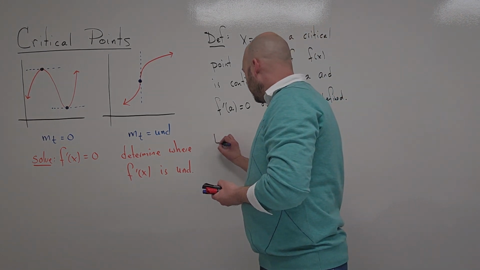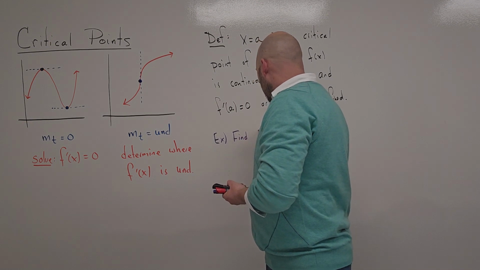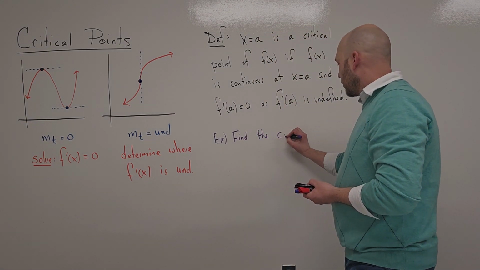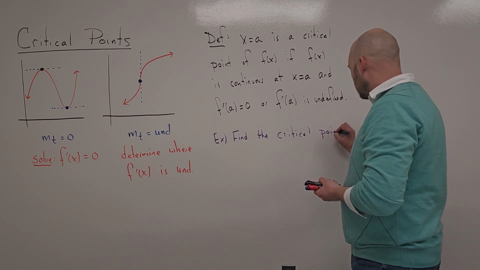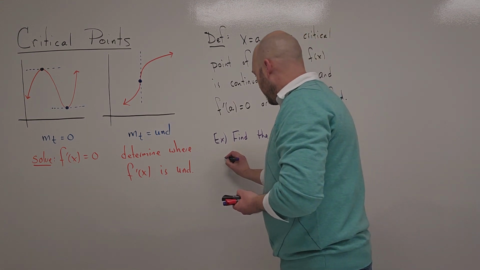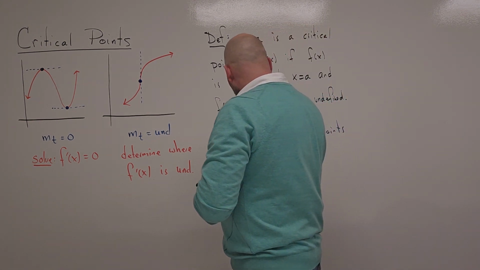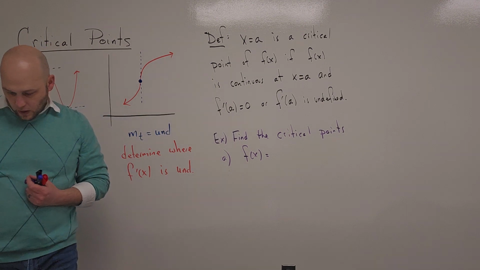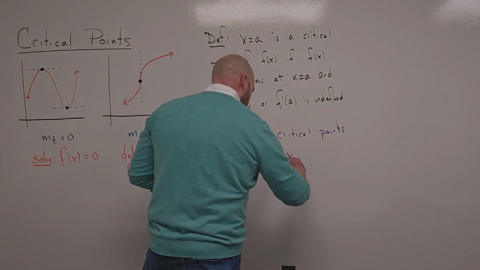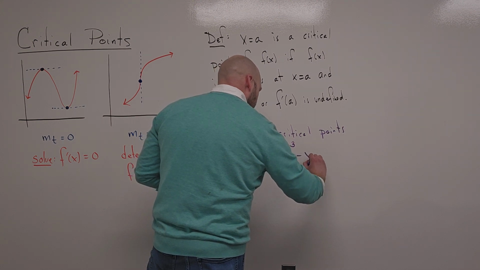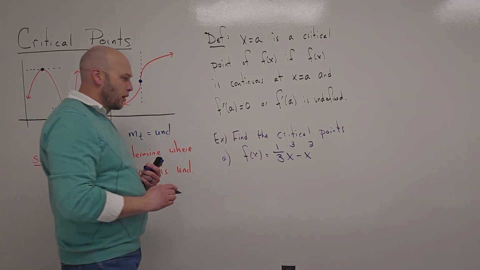So for example, find the critical points. Okay, part A. Let's look at the function f of x is equal to 1/3 x cubed minus x squared minus 12x plus 7.